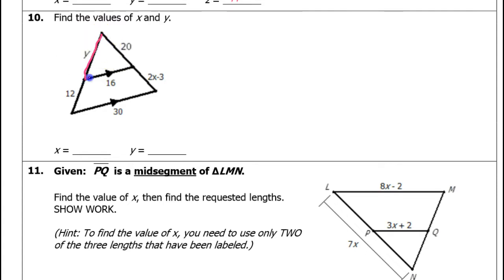I have a small triangle, and then I have a bigger triangle. So I recommend that you draw those two triangles separately. So here is the small triangle. And now here is the bigger triangle.